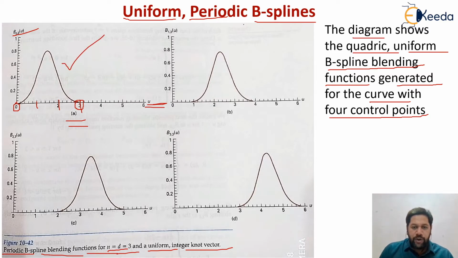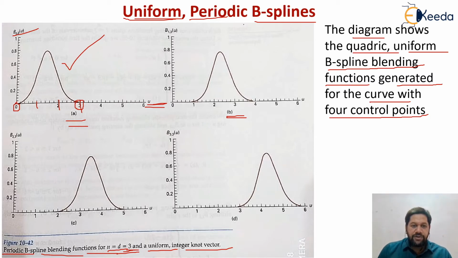Now if I look at diagram B, this is the uniform periodic signal. It is uniform, so it is not going to change. Only my starting point is going to change, and for the number of intervals I again put d equal to 3, no issue with this.